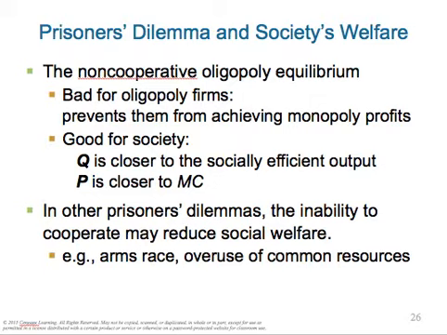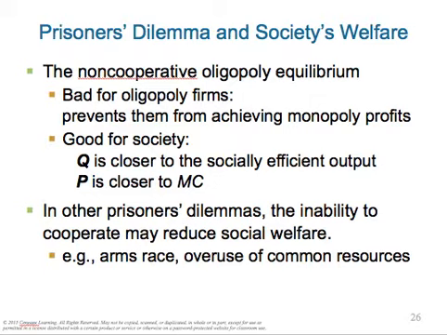So in the arms race game, each of the superpowers would be better off if they could cooperate and sign an agreement to disarm, but the logic of self-interest dictates that each country will arm itself to the teeth. Okay? As a result, both countries are worse off for 2 reasons. 1, the risk of nuclear annihilation is higher, and 2, the resources consumed in the arms race could have been used elsewhere. The opportunity cost: you could use that money to feed the poor or clothe people or educate people.